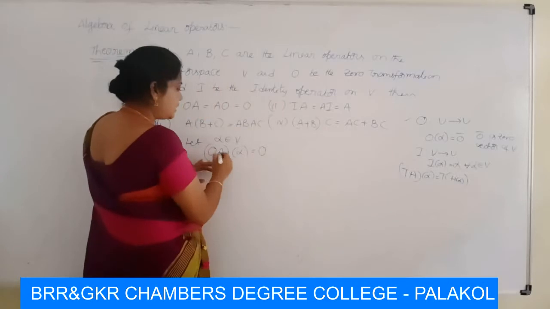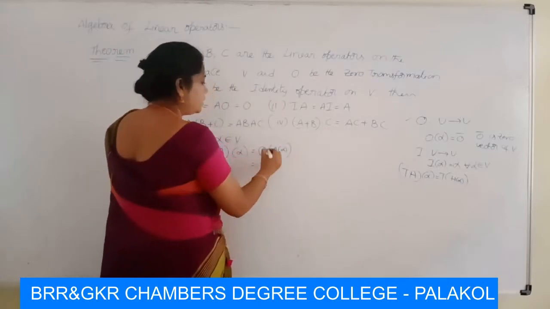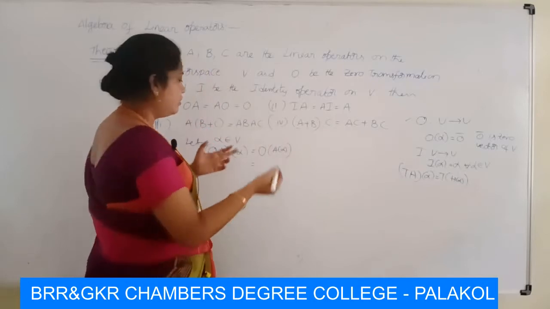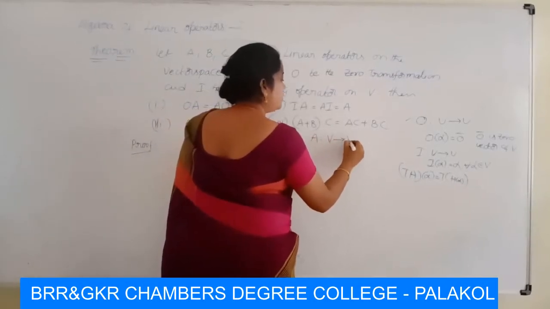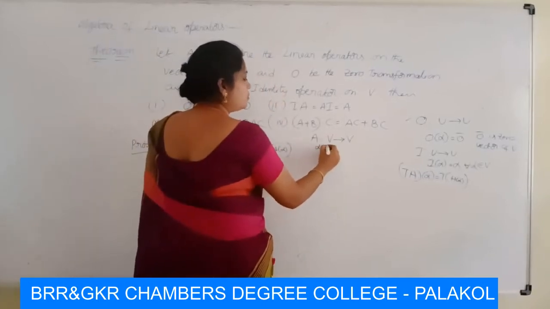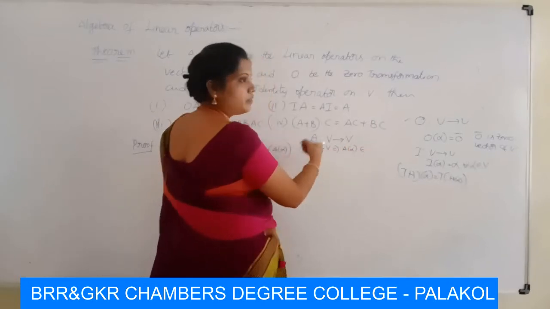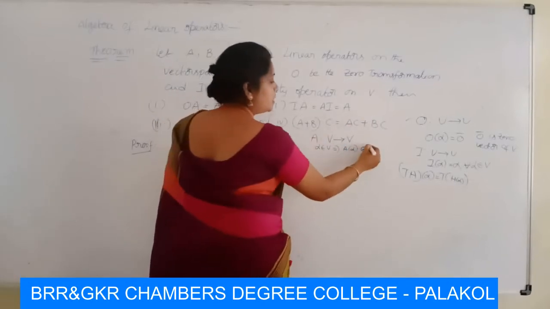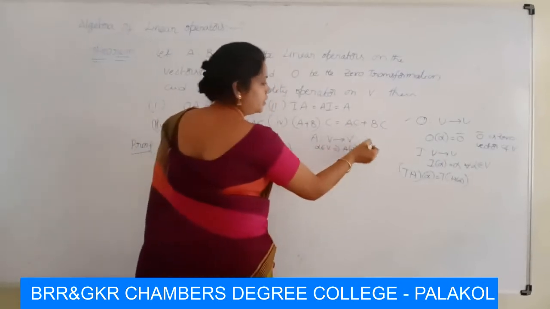So this can be written as O of A of alpha. A alpha is a vector of V because A is a mapping from V to V. We take alpha belonging to V, then A alpha, the image of alpha with respect to A, also belongs to V. So A alpha is a vector of V.